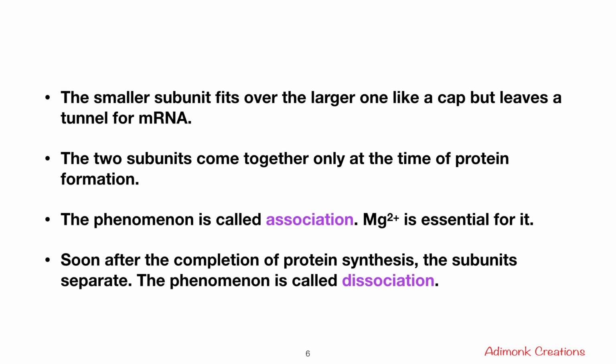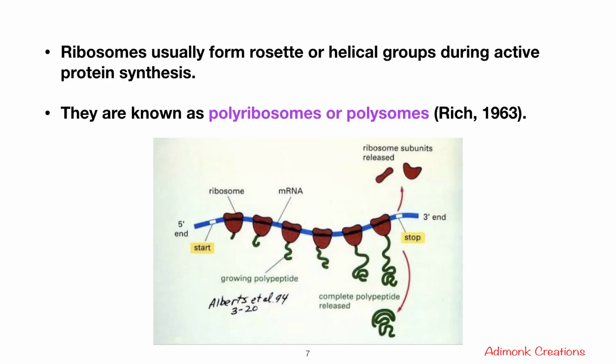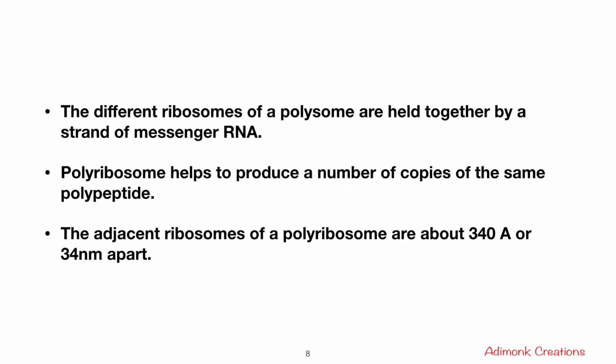This separation is called dissociation. Ribosomes usually form rosette or helical groups during active protein synthesis, as seen in the picture below, and these multiple ribosomes are known as polyribosomes or polysomes, which was defined by Rich in 1963. The different ribosomes of a polysome are held together by a strand of messenger RNA.